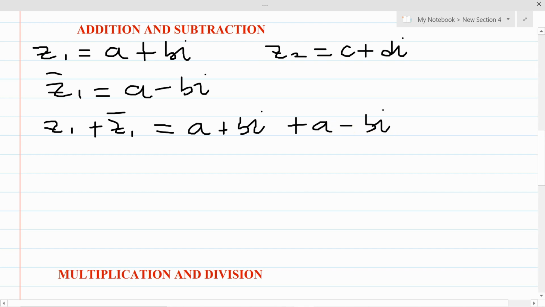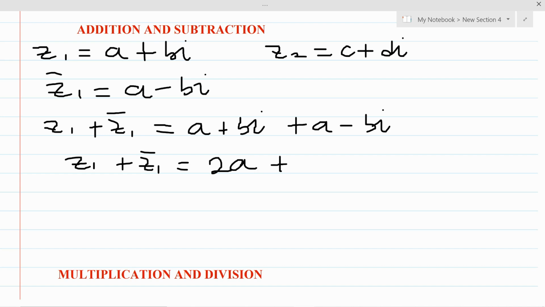You add this like that, and in so doing you just add what? The components, the real to real. So a plus a becomes what? 2a. Then bi plus, minus bi, that will become what? 0i.